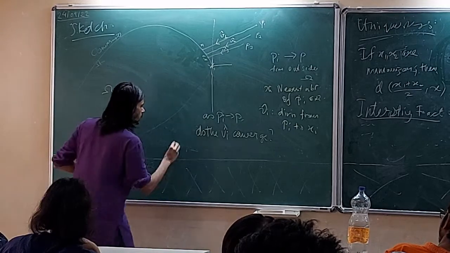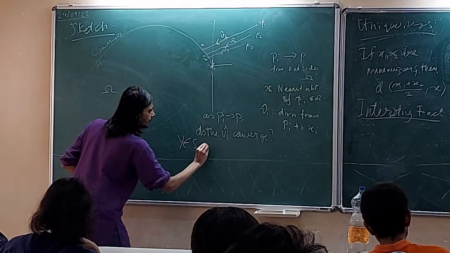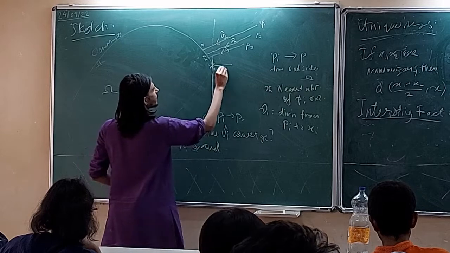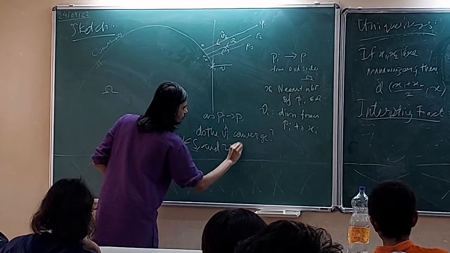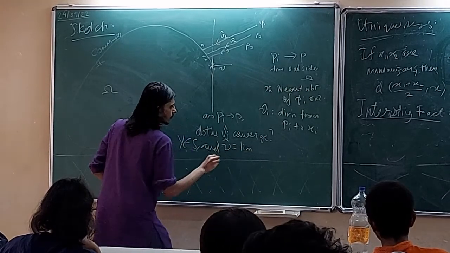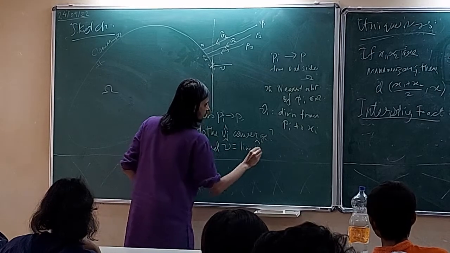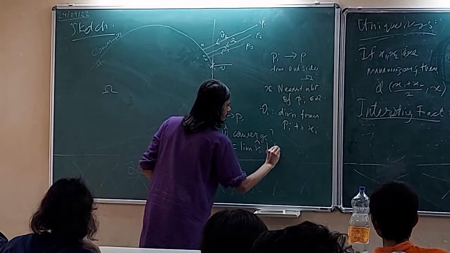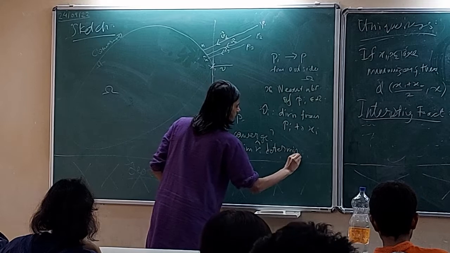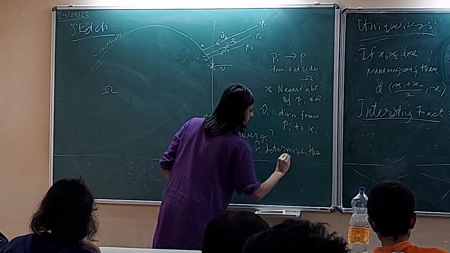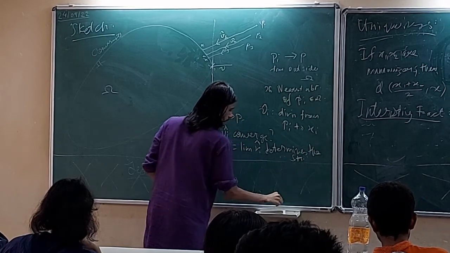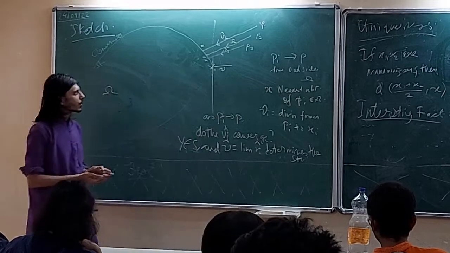So do the Vi converge? Yes. And this limit direction V, the limit of the Vi hat, determines the supporting hyperplane. That's a sketch of the proof.